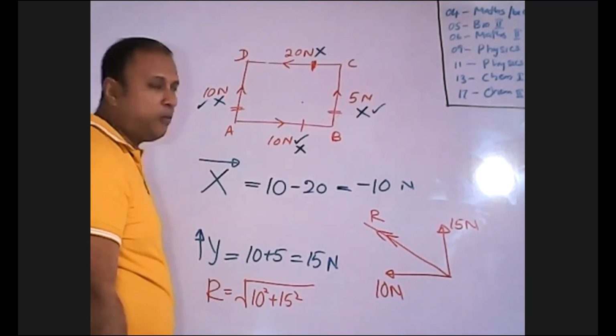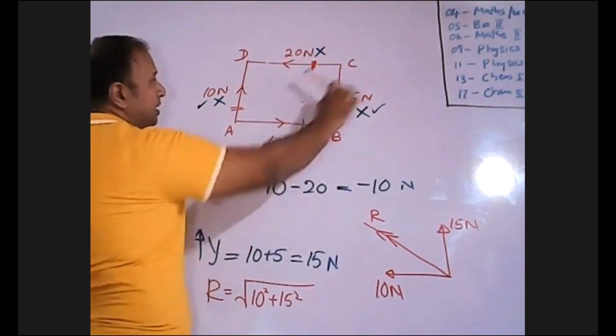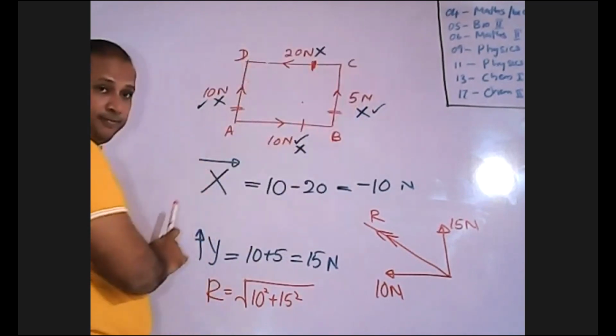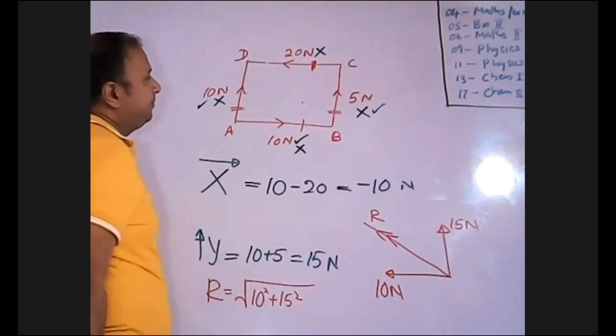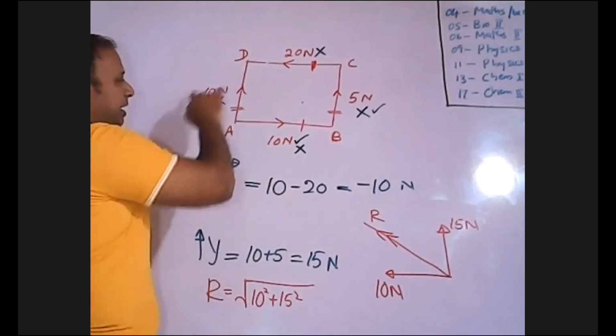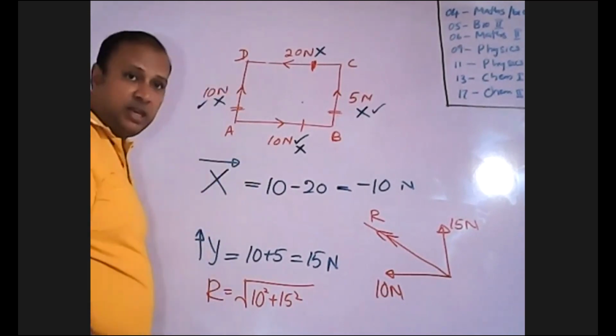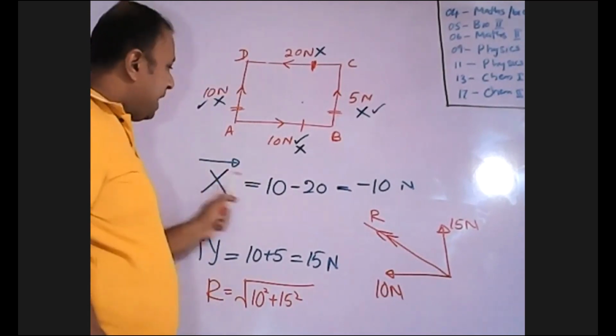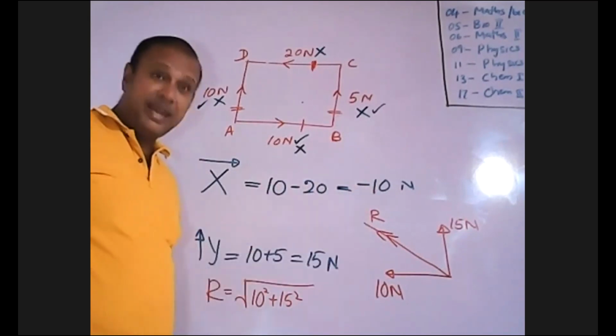Then 20 will be a minus because it is in the negative direction, because I have taken positive as the right side. There won't be any component from 10 Newton because it is perpendicular to the x direction. Then the answer is 10 minus 20, that is minus 10.